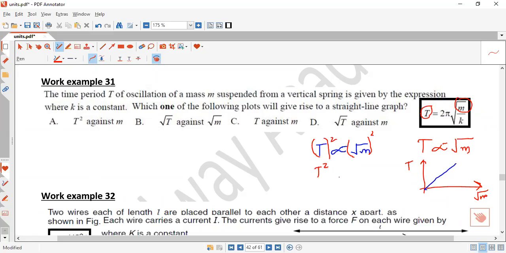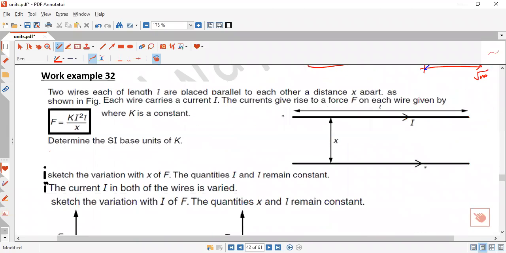T squared, and it is proportional to what, Saad? M. So it is the same thing. T square is directly proportional to m. So if we draw the graph between T square and m, it is going to be again what? Straight line. So which is the given option? That is A, right? Got it? Yes, sir.